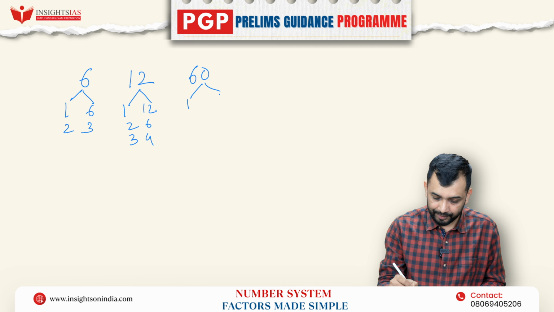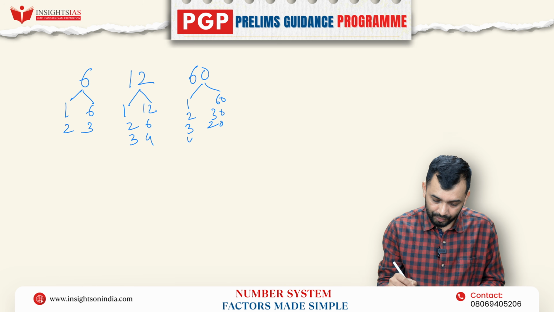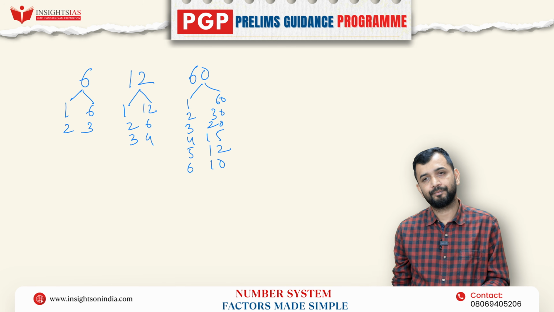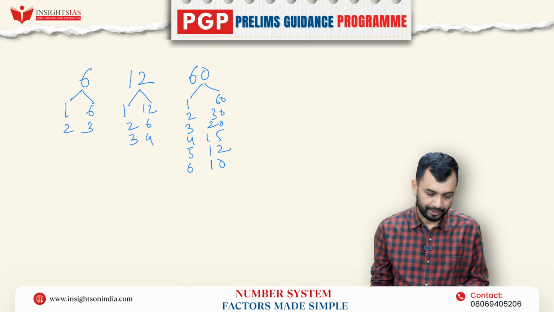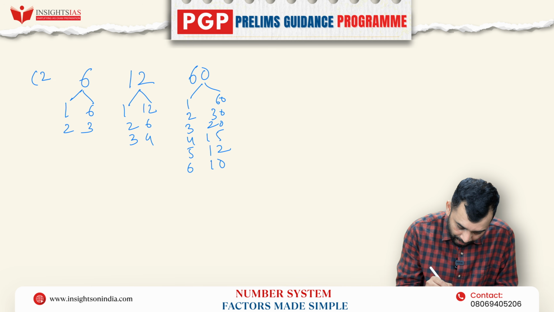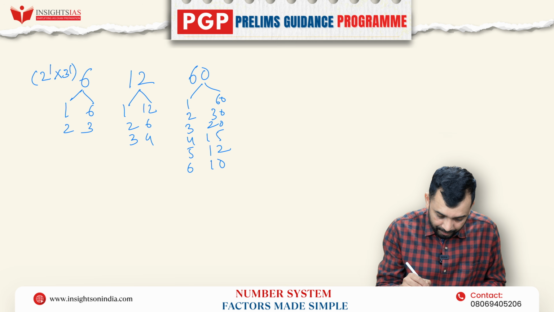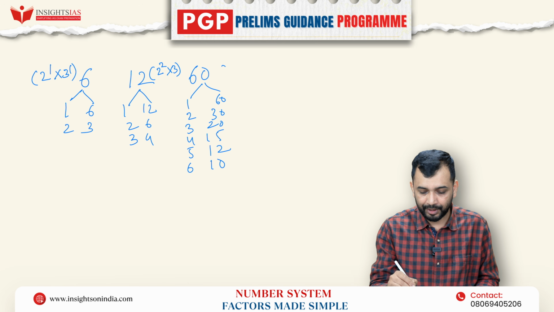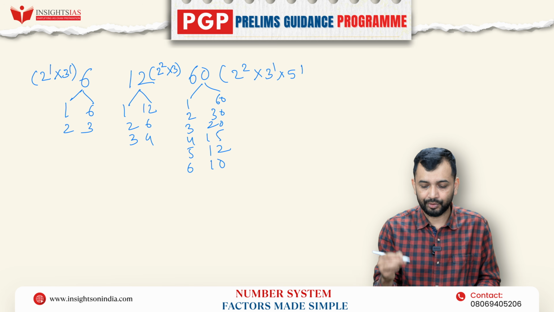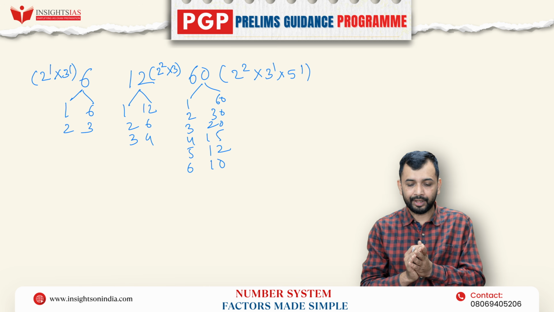For 60, 1, 60, 2, 30, 3, 20, 4, 15, 5, 12, 6, 10. Right? We have written. How can this be written? 2 to the power of 1 into 3 to the power of 1. How can this be written? 2 square into 3. How has this been written? 2 square into 3 to the power of 1 into 5 to the power of 1. This is how we have written all of them.